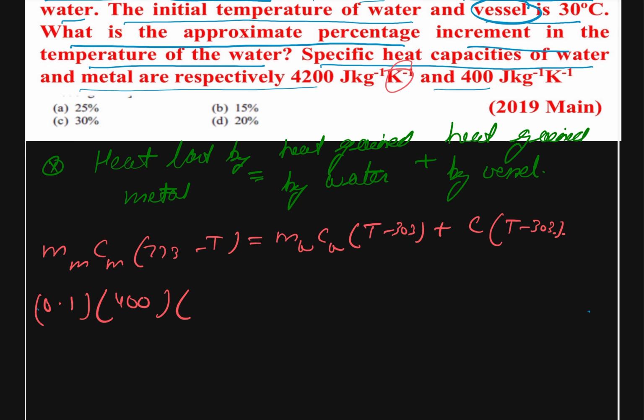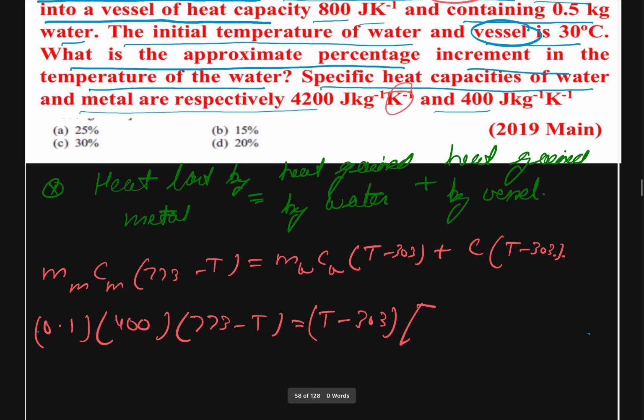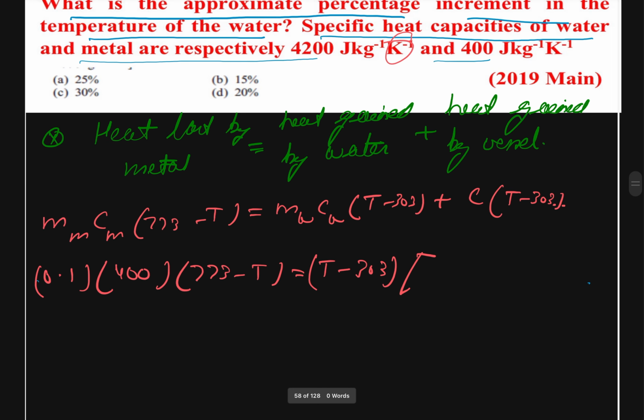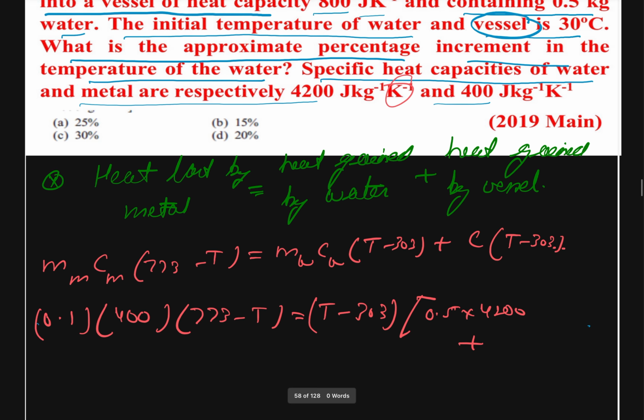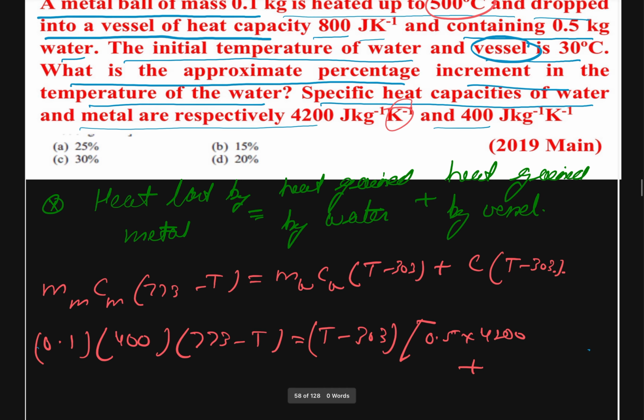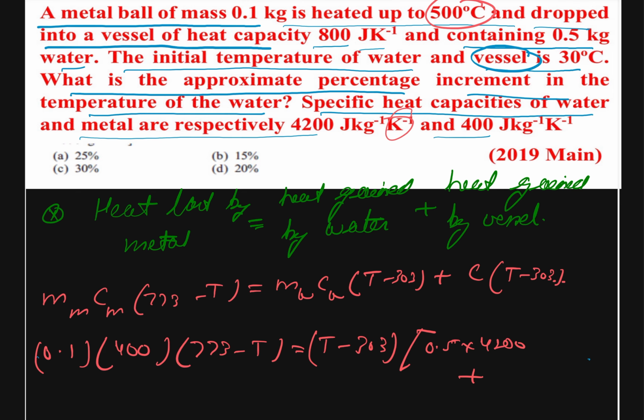This is 773 minus T is equal to, let me take 303 as common, mass of water, which is 0.5, specific heat of water is 4200, plus that for our vessel, given as 800.